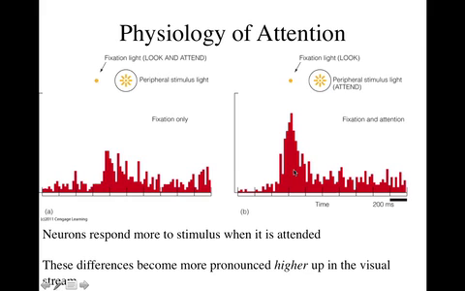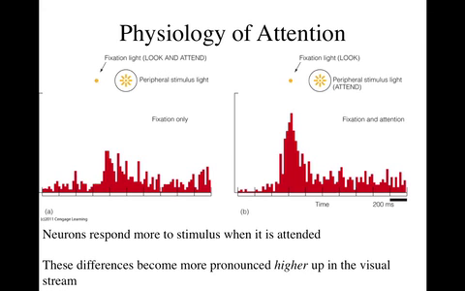That suggests that this neuron is being modulated by attention, in this case covert attention, because they're fixating in this location. But this neuron is responding differently on the basis of whether they're paying attention to this location outside of fixation. One thing we mentioned is that these modulations due to attention become more pronounced higher up in the visual stream.